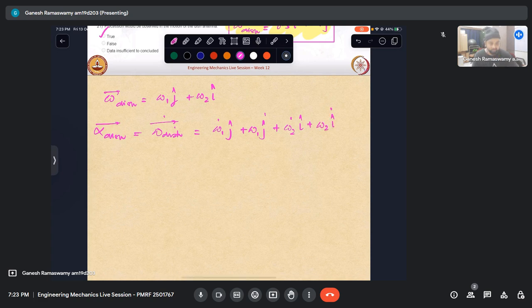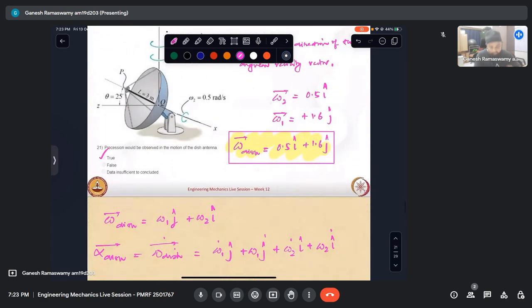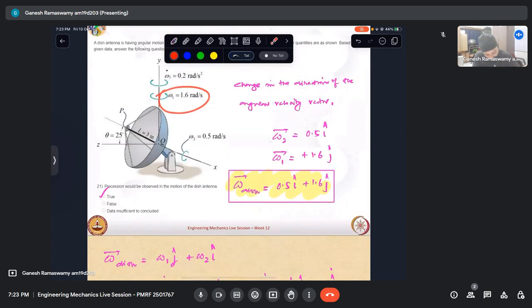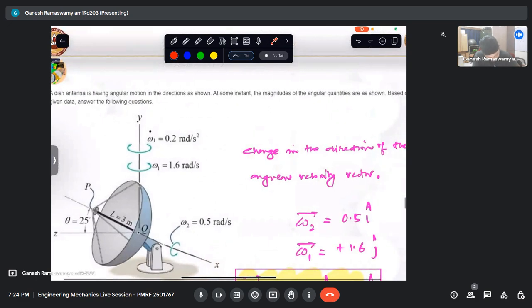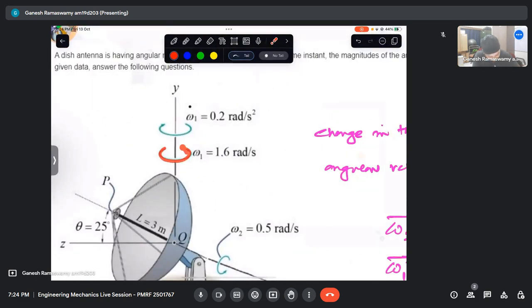From the question, this happens to be a case where magnitudinal change is non-zero, as opposed to all our previous cases where magnitudinal change was zero. Here we are able to see that omega 1 is there and omega 1 dot is also specified. One thing we need to keep in mind is that omega 1 is pointing in the positive direction, whereas omega 1 dot is pointing in the opposite direction.